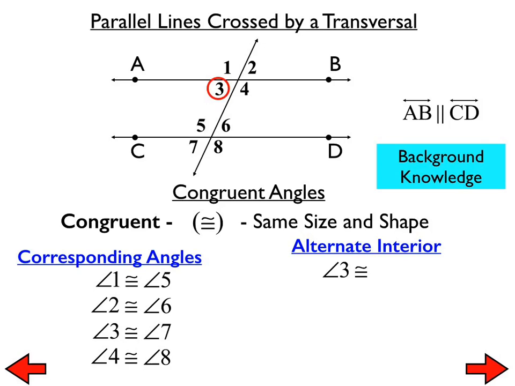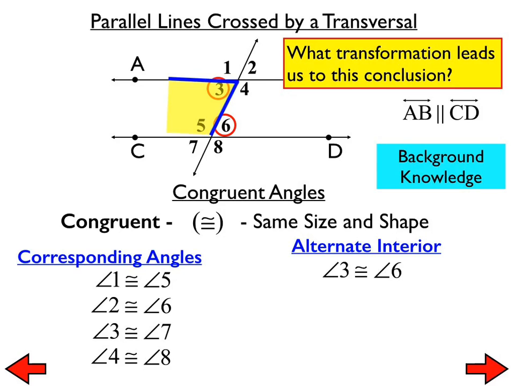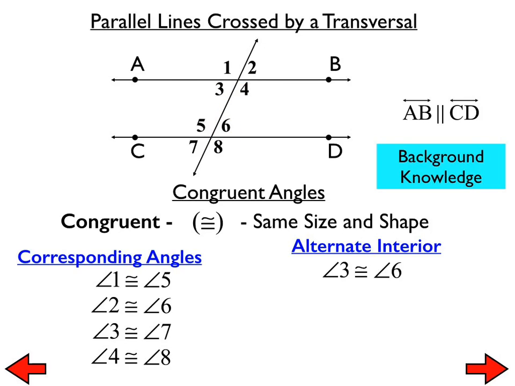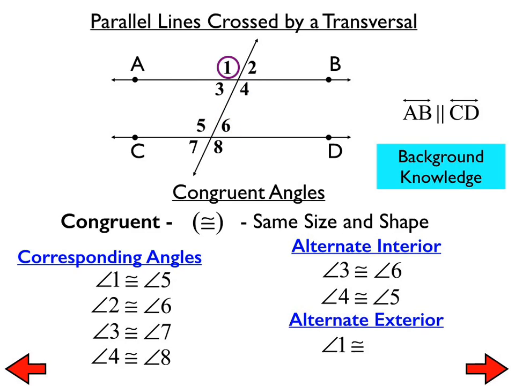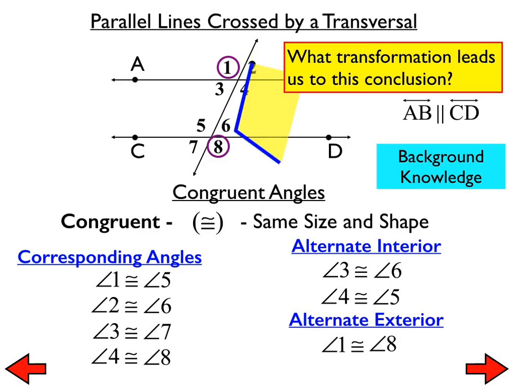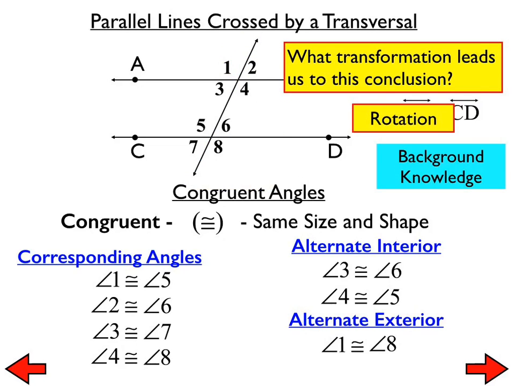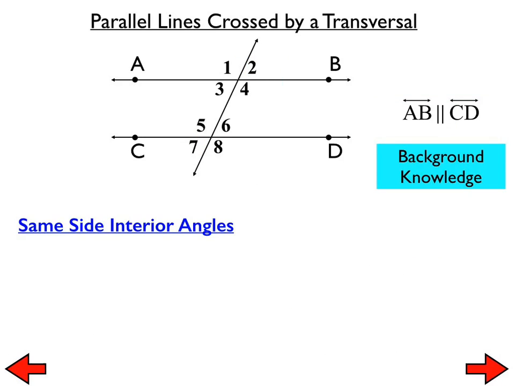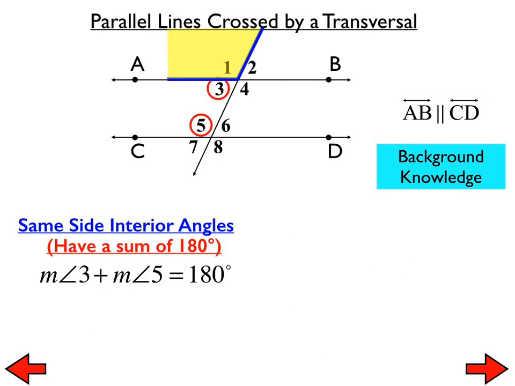And then we extended that to alternate interior angles, and those two are congruent because of rotations. And then same idea with alternate exterior angles, and those are congruent once again by the transformation of a rotation. And then we talked about same side interior angles, which have a sum of 180 degrees, and those are supplementary because of the idea of corresponding and then a translation, and so on.